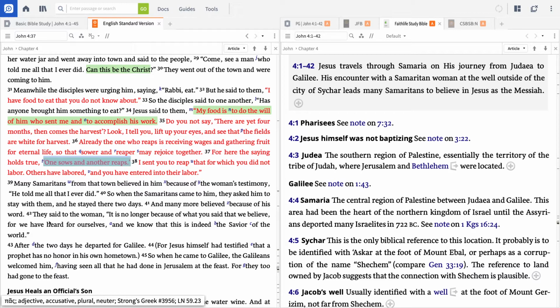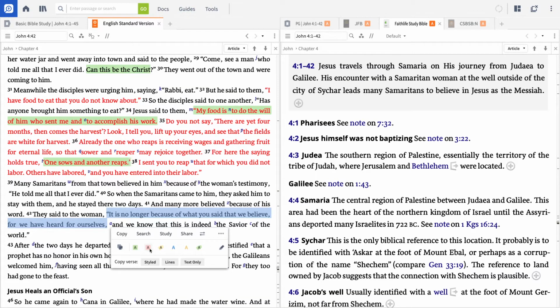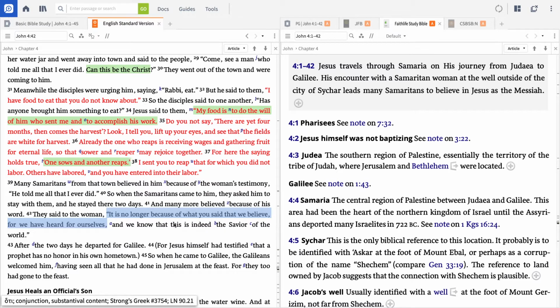And many more believed because of his word. They said to the woman, "It is no longer because of what you said that we believe, for we have heard for ourselves, and we know that this is indeed the Savior of the world."